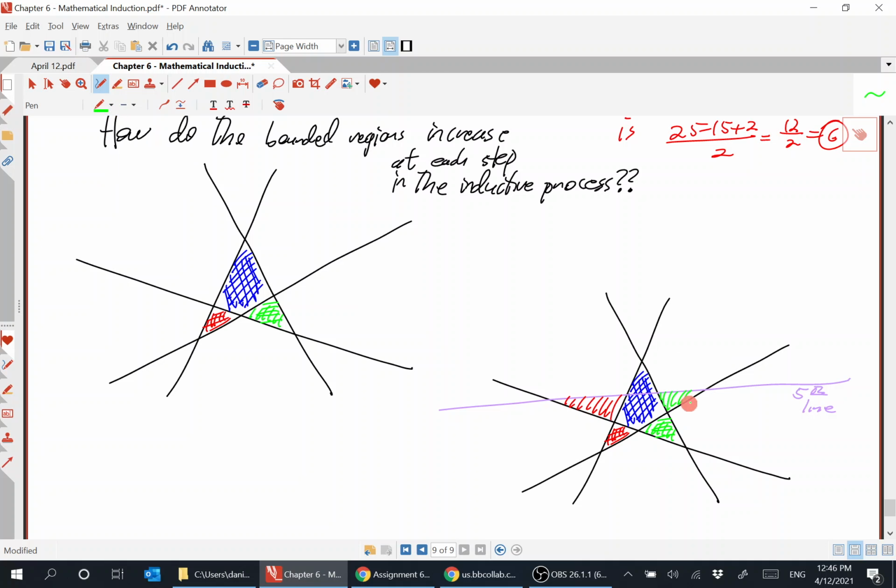What do you notice about the 5th line and the increase in the bounded regions, as far as creating new bounded regions goes? Where are new bounded regions happening with respect to the 5th line?